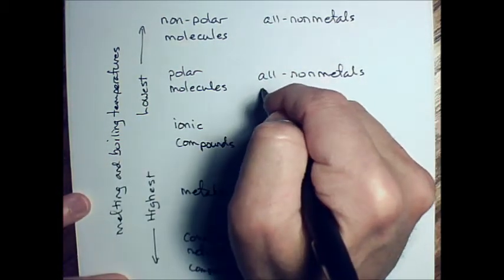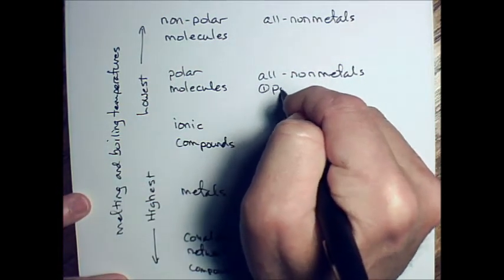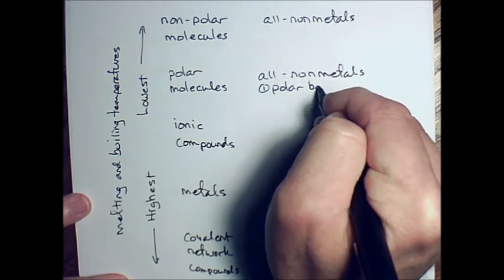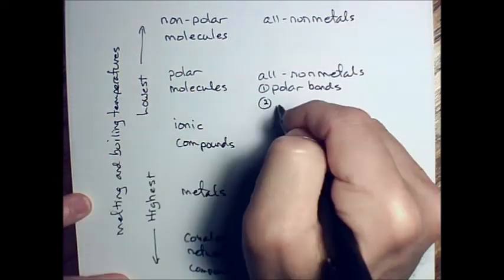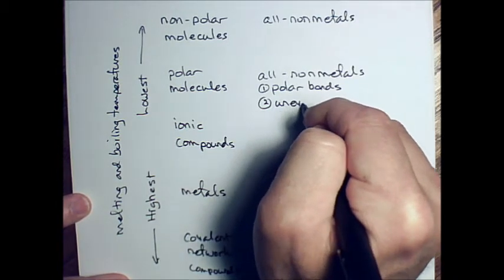They have to have 1, polar bonds, and 2, they have to have an uneven arrangement of those bonds.